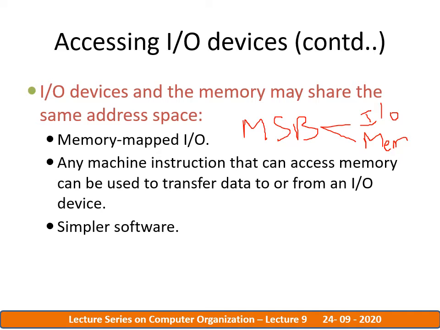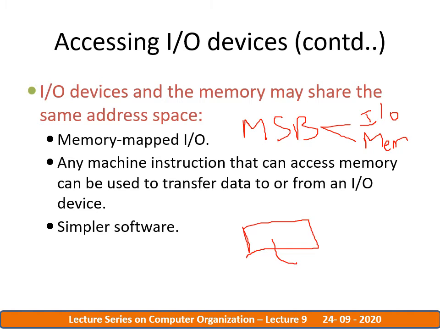Since input output devices are also considered as memory, any data transfer instructions like move, store, load can be used to exchange the information. In the memory mapped IO scheme, we normally associate a buffer with each input output device.